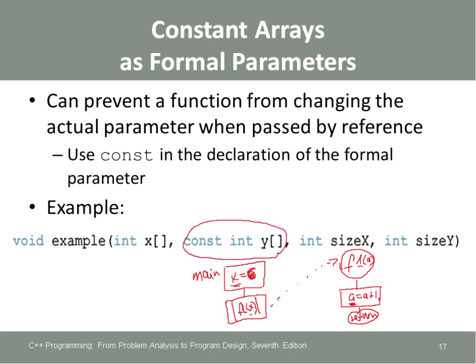So why is that a problem? See, if you're sending the array as a constant, right? When the function receives it and it tries to manipulate any one of its values in the function, you get an error message.